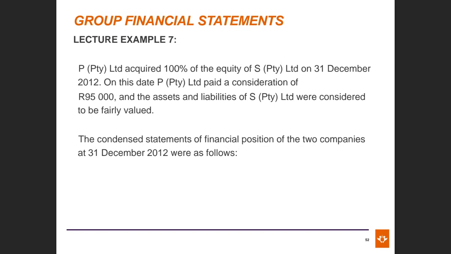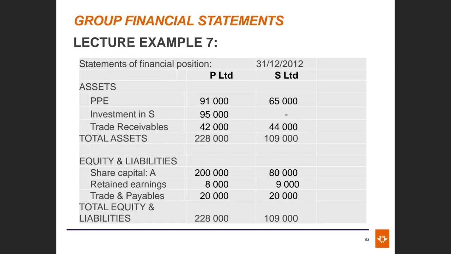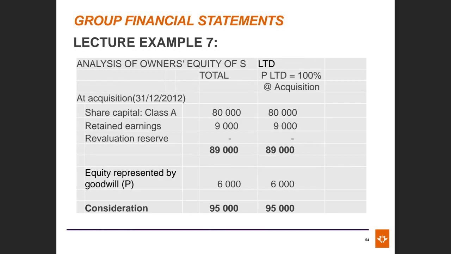Okay, so let's have a look at the statement of financial position for the two companies. So here you'll see P Limited has the PPE, it has all of its assets, equity and liabilities, and S Limited has the same. So they have given us the statement of financial position of the two companies.